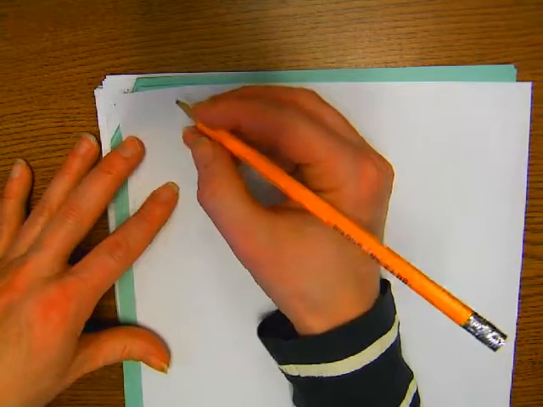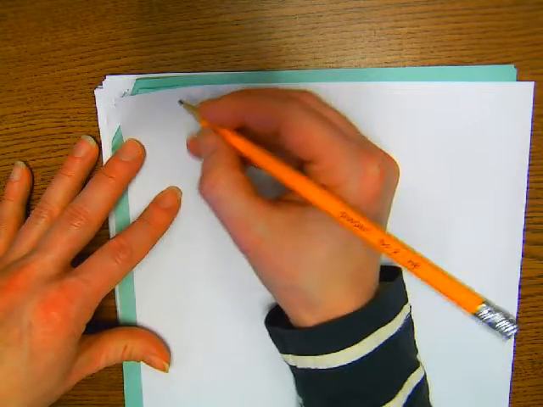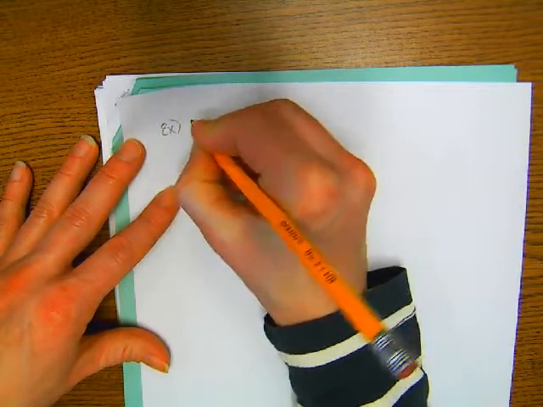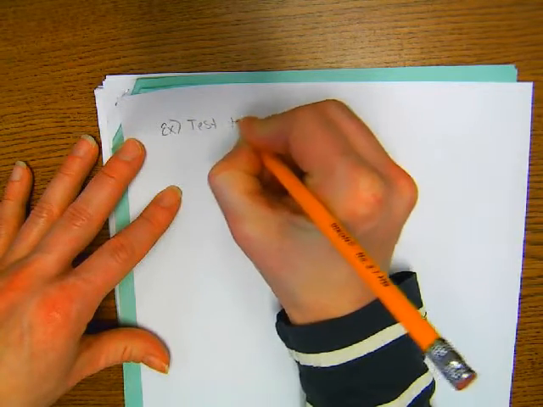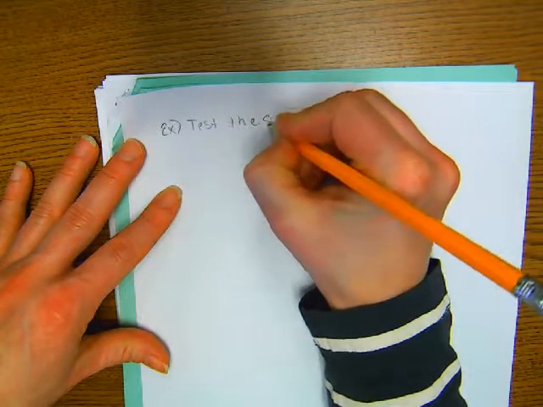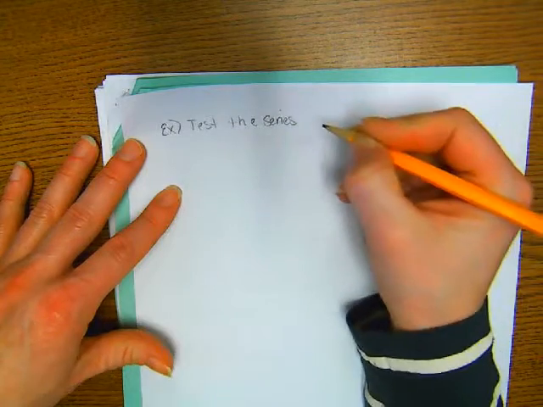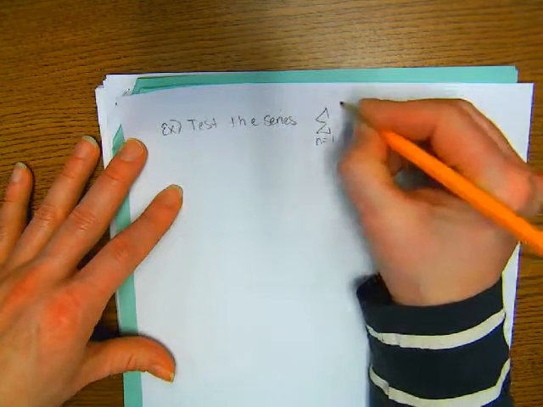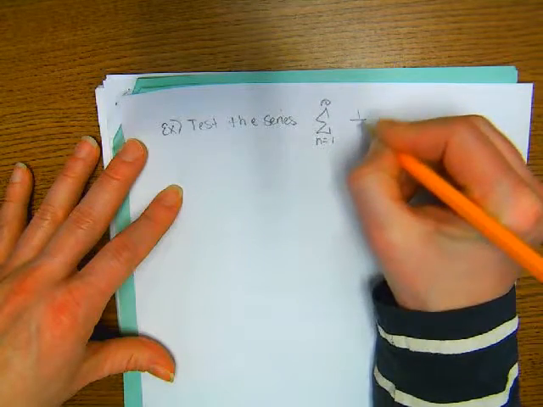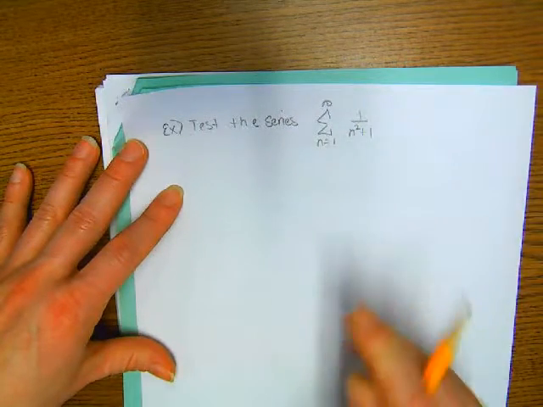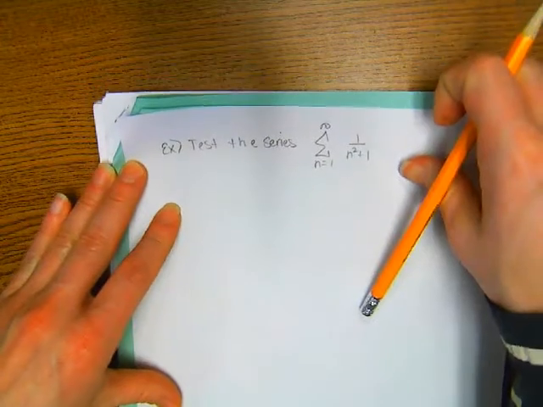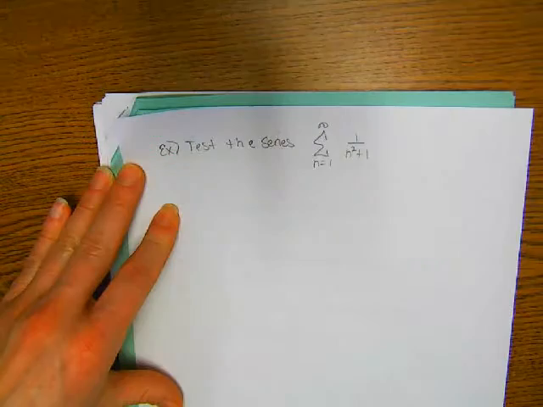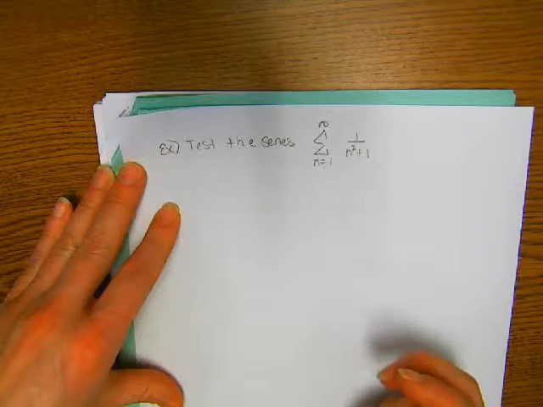Let's take a look and let's use the integral test on the sum of n equals 1 to infinity of 1 over n squared plus 1. And so we're going to use the integral test to do this.